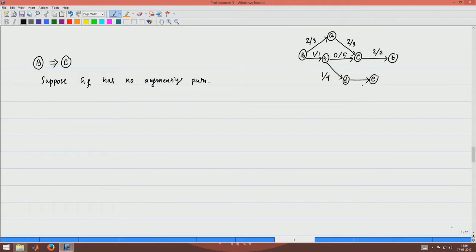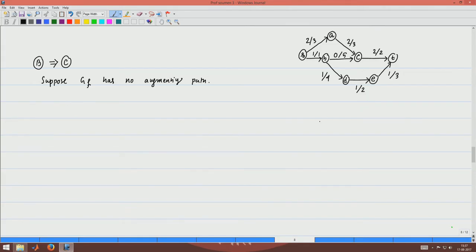D to E, flow is 1, capacity is 2. E to T, flow is 1 and the capacity is 3. Now, I know that this flow is maximum flow, because this is the flow that we obtained from the Ford-Fulkerson algorithm.